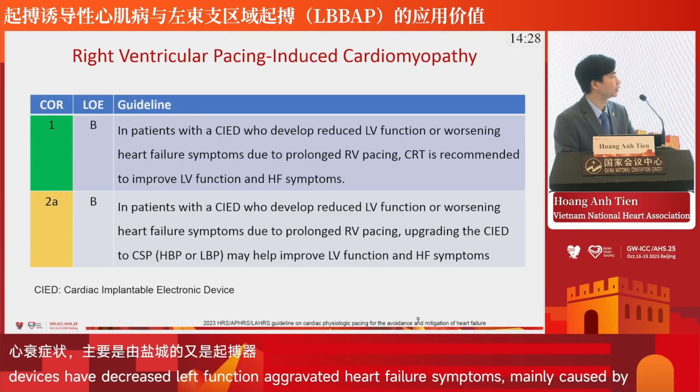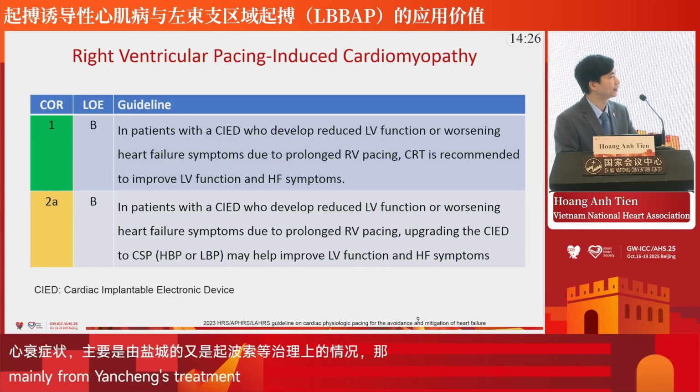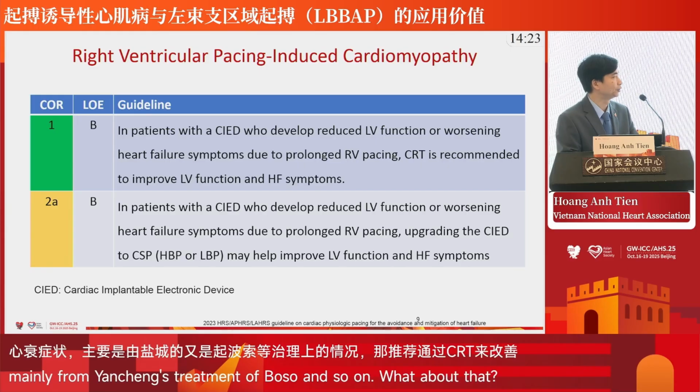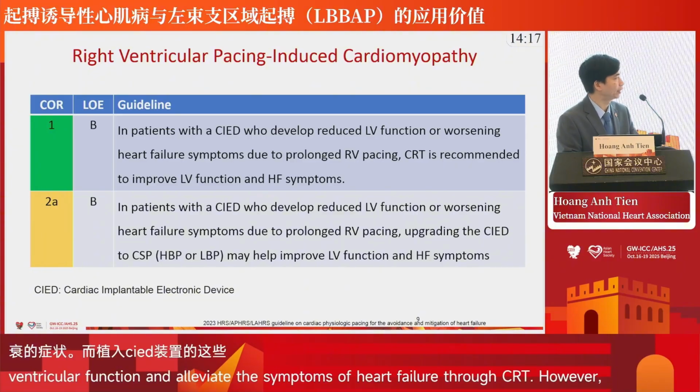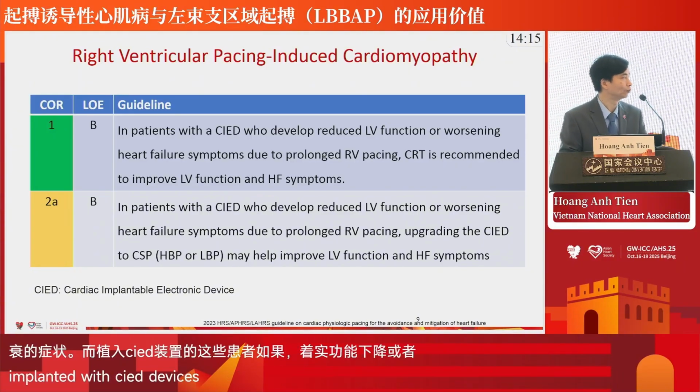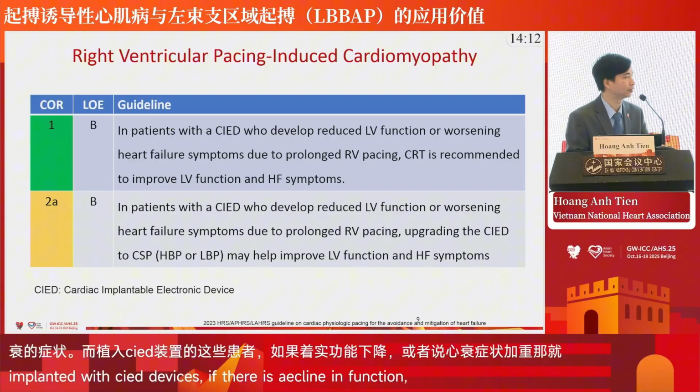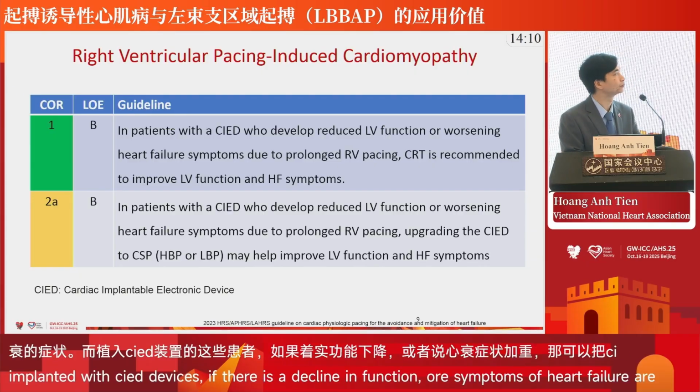And in patients with a cardiac implantable electronic device, we can upgrade to conducting system pacing, for example His bundle pacing or left bundle branch pacing, which may help improve left ventricular function and heart failure symptoms.